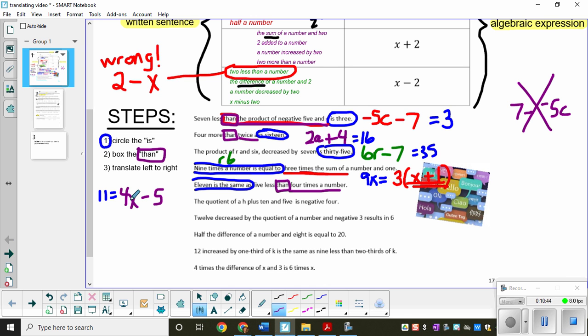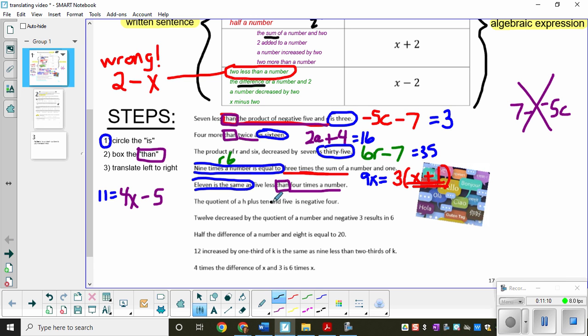All right, we're about halfway through with our translating examples. Now for the next one, we see the word quotient. The quotient, it should say, of a number h. So the quotient of a number h plus 10 and 5 is negative 4. Okay, so the quotient of a number and h, and I think actually, y'all, I'm reading this one wrong.